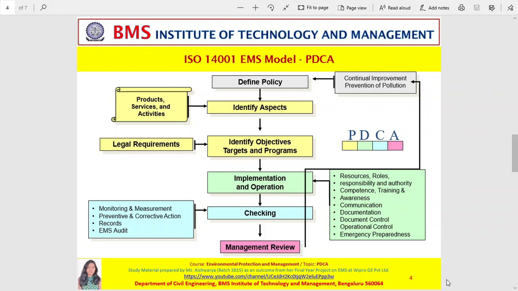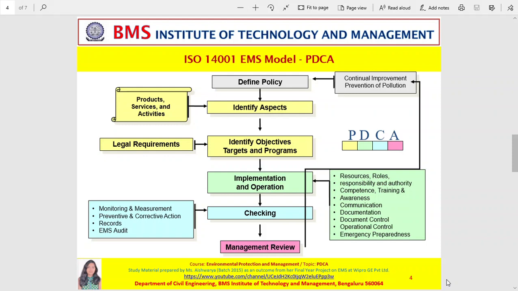To put it in simple words, an EMS is a tool. This tool is a set of processes and practices that enable an organization to address its environmental concerns. An environmental management system is based on the ISO 14001 standard.